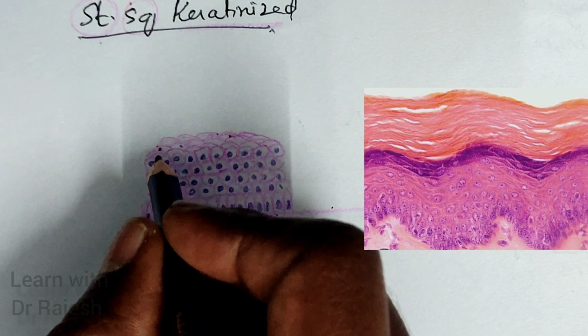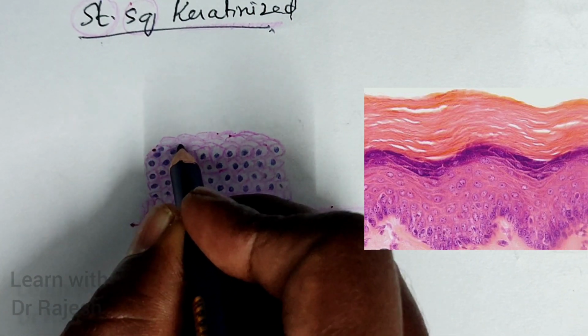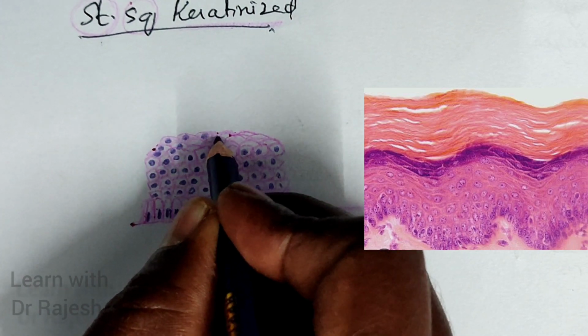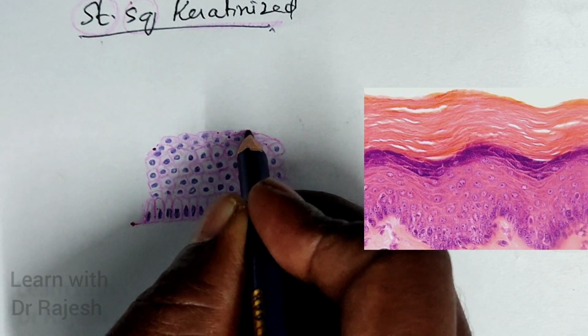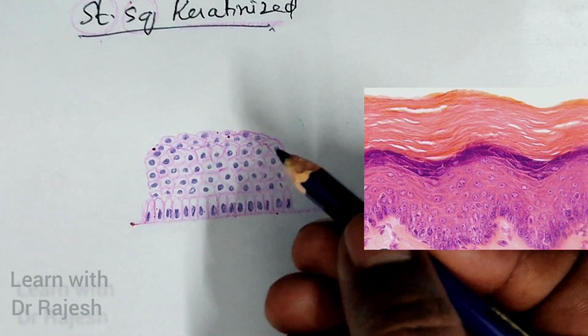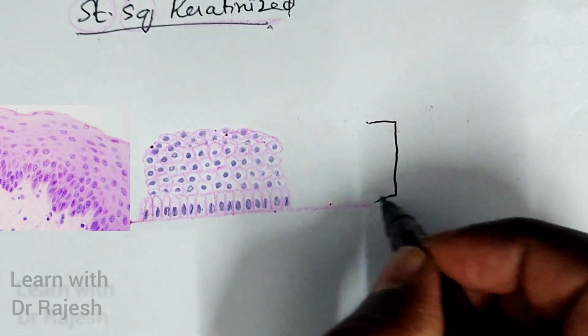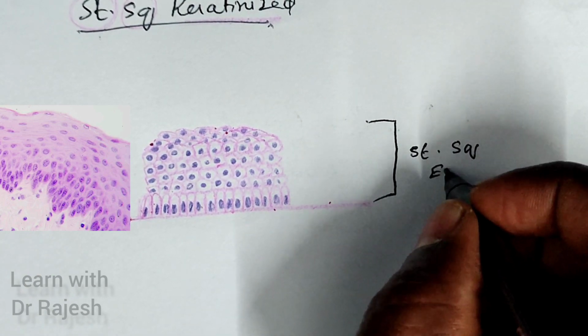Next, draw the nucleus of the squamous cells. This is also a rounded nucleus. The nucleus should be at the bulged portion of the cell. So our stratified squamous epithelium is completed. If you draw only this much, it is called stratified squamous epithelium.